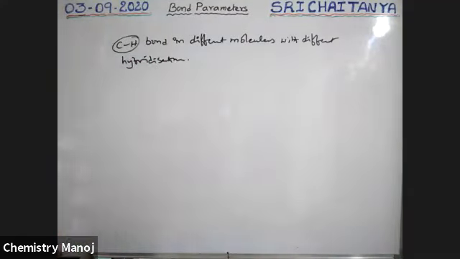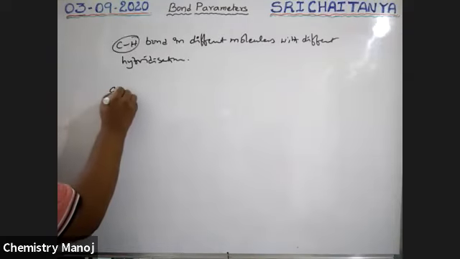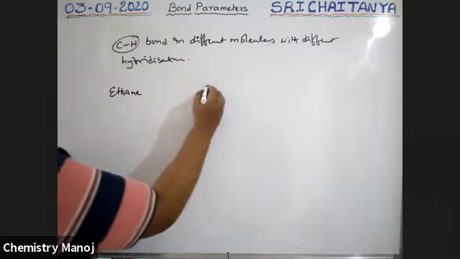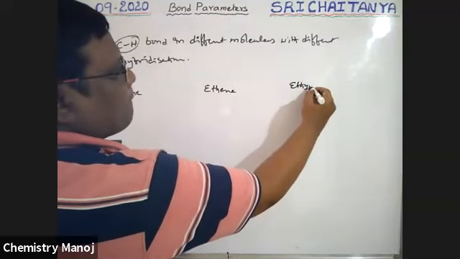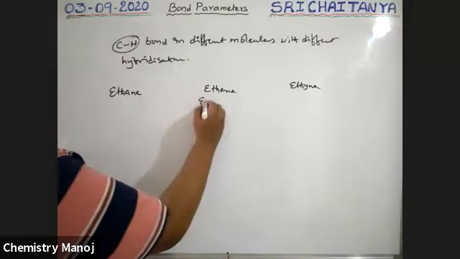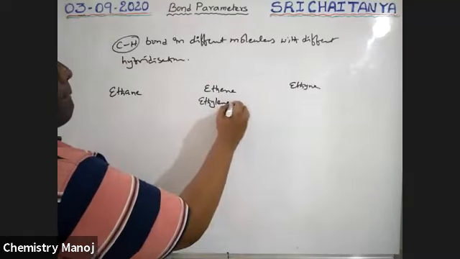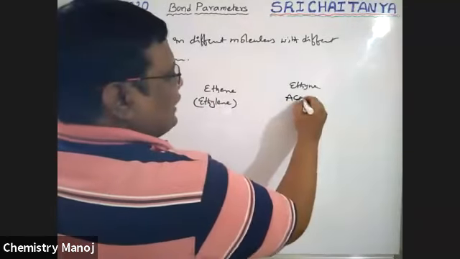See, boys, ethane, and the second one is ethene and ethyne. Ethene is also called ethylene. Ethyne is also called acetylene.